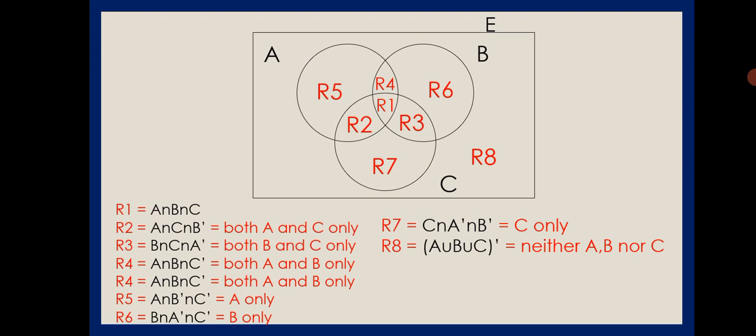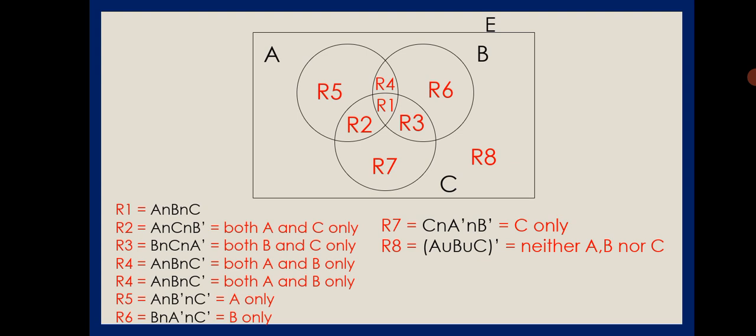How do we go about this? You could see that here we have region 1 to region 8. It is a bit different, or more complex, than that of the 2-set problems.